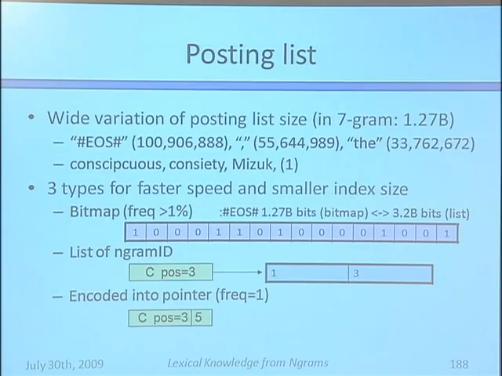So our task was to divide the entire posting list into 3 different categories. The first option was to use a bitmap for the words which are highly frequent. This resulted in a saving of space, because if you try to store these many words in a posting list, the total bits required would be 3.2 billion. But if you convert it into a bitmap, the total size required to store EOS is about 1.27 billion.